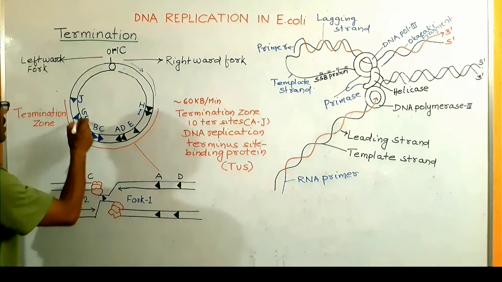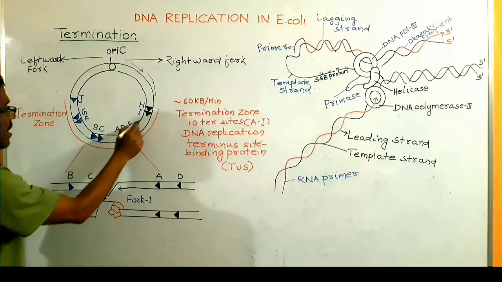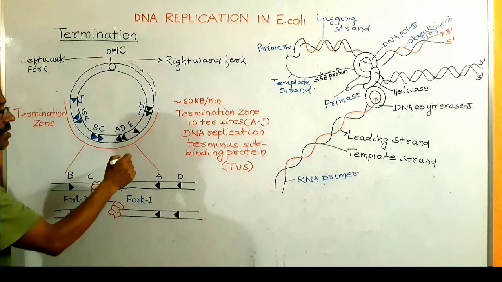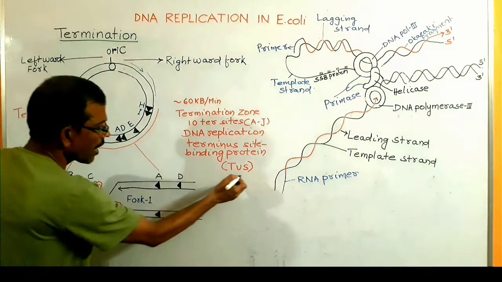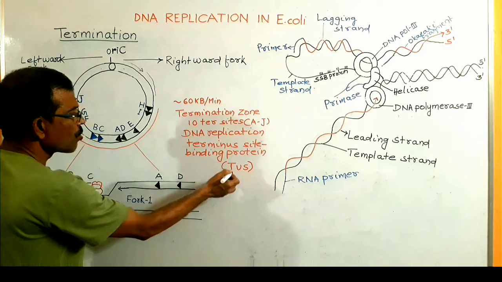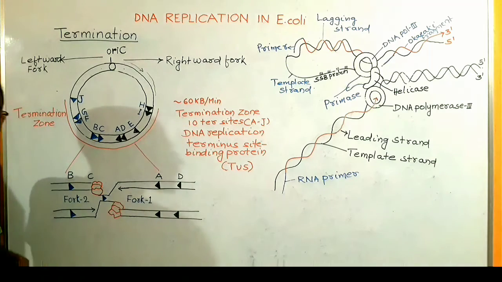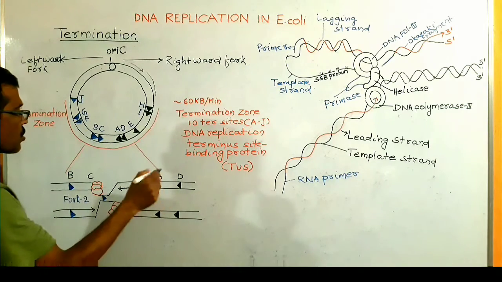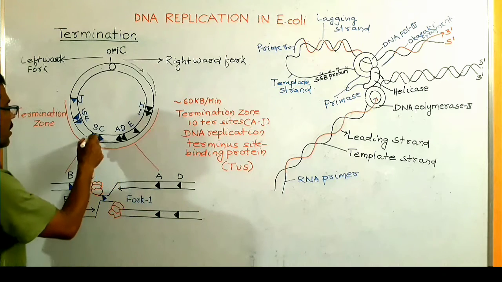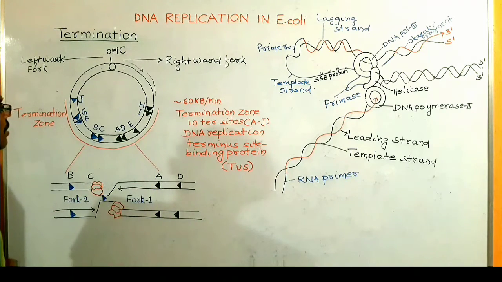These Ter sites are named from A to J. These Ter sites work along with a specific protein known as Tus protein. This Tus protein is known as the DNA replication terminus site binding protein. This Tus protein binds with these Ter sites by which DNA replication is terminated.